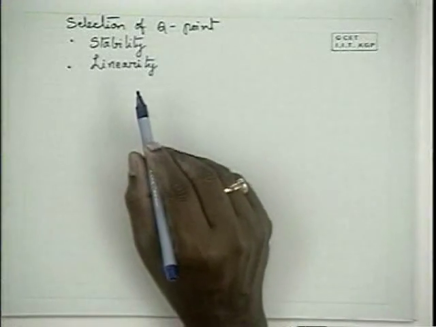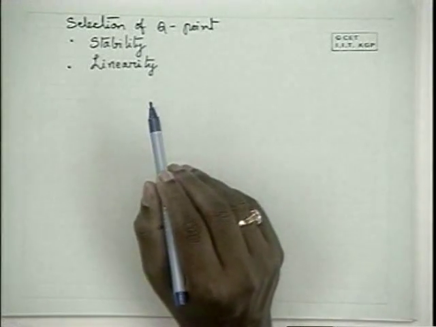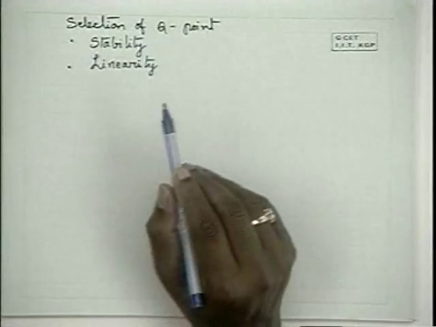That means when a small signal is applied, you have a large signal of the same type, and that's possible when the amplification characteristic is linear. So this is the criterion for selecting the point of linearity. I'll discuss it further when I discuss amplifiers.